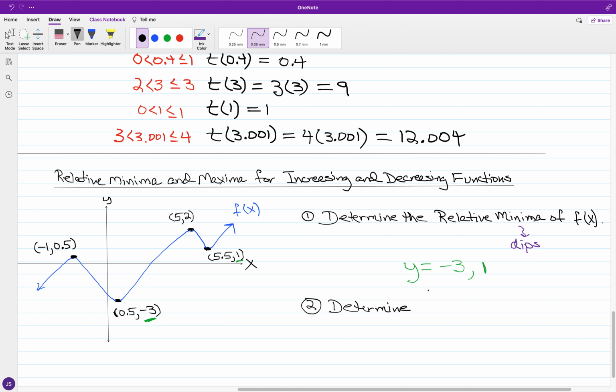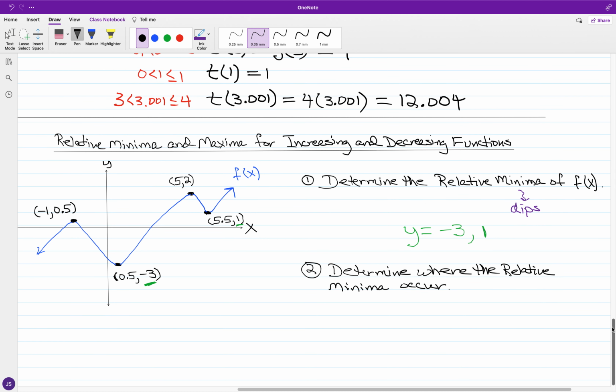And if you were to determine where the relative minima occur, those are going to be the x values that correspond.